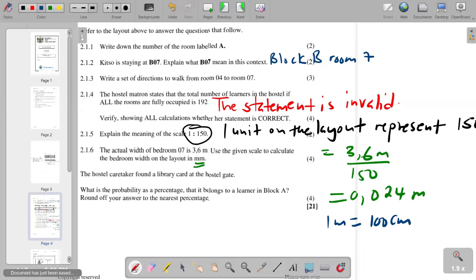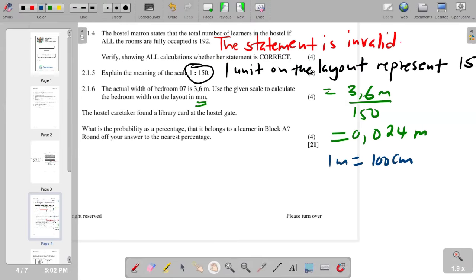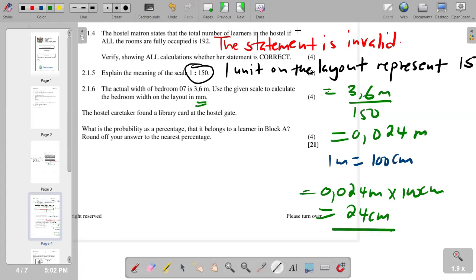So 0.024 meters multiplied by 100 centimeters, and then you're going to get your answer as 24 centimeters. So basically, this is what we have as a representation in centimeters.